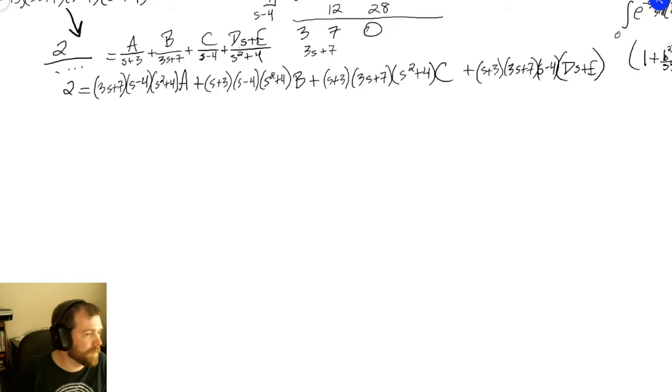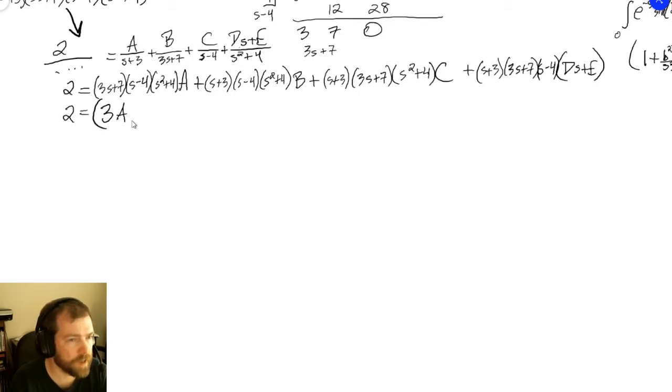Come on, Wolfram. Okay, that looks perfect. Awesome. So we get 2 is equal to 3a.